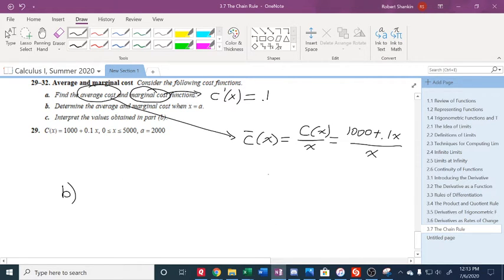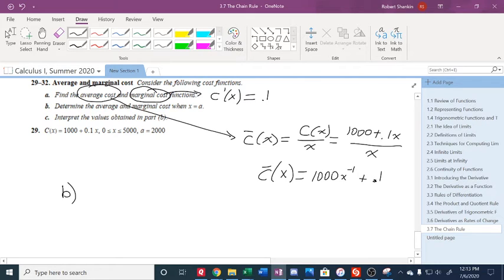That is correct. So C bar of x, if you make it two fractions, it's 1,000 over x, which is the same as 1,000 x to the minus 1, plus 0.1x over x, which is 0.1. Okay?